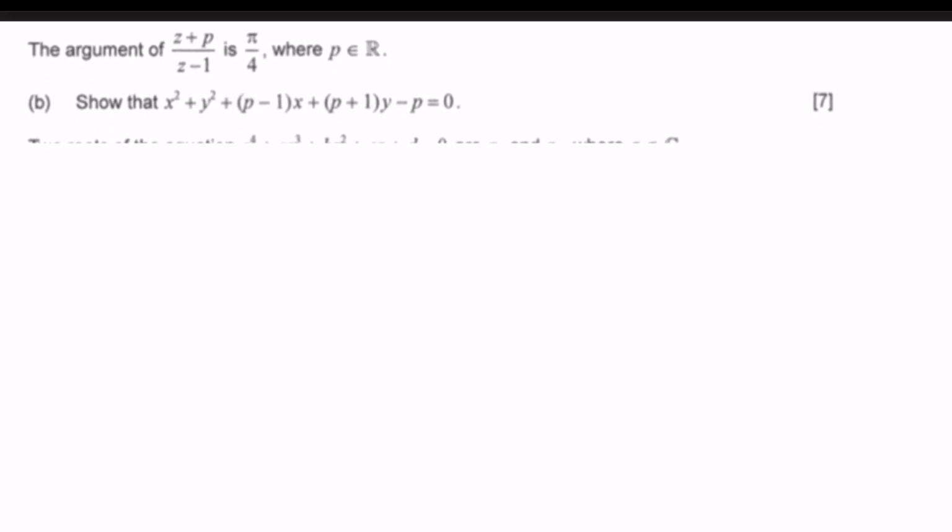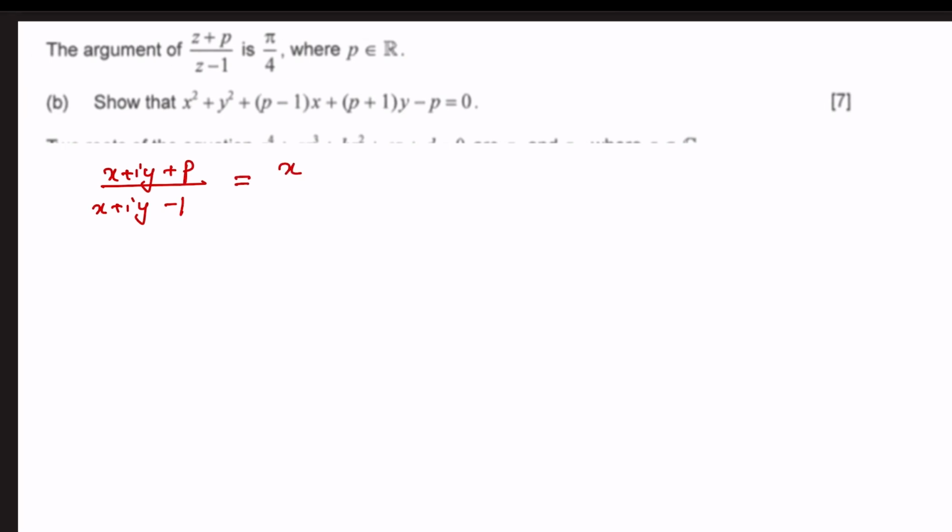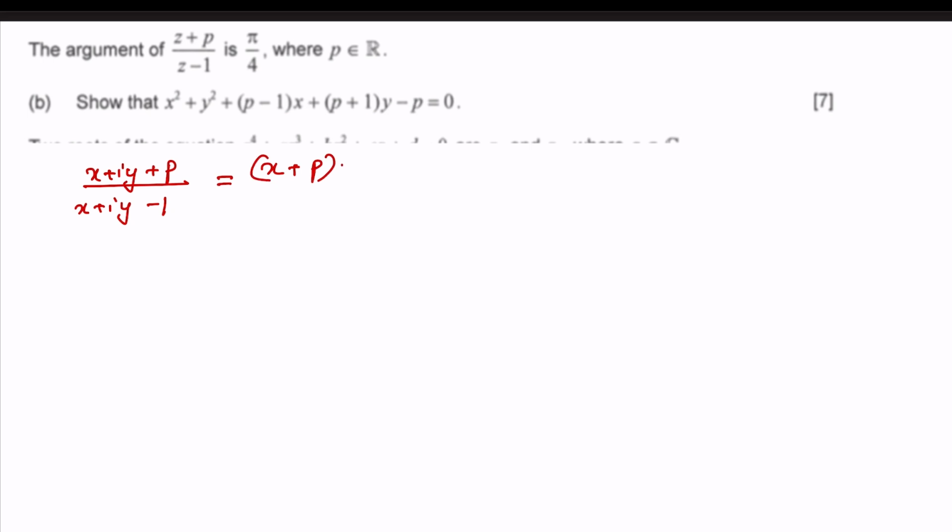Now moving to the next one. Argument of (z plus p) divided by (z minus 1) is pi by 4. To show that this equals 0. Okay, so this is going to be a long one. Replace z with x plus iy: (x plus iy plus p) over (x plus iy minus 1). Now, when you segregate them, you get this.